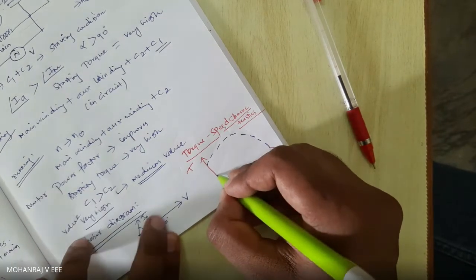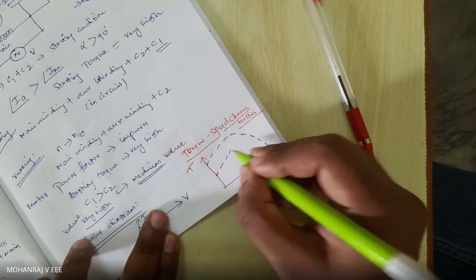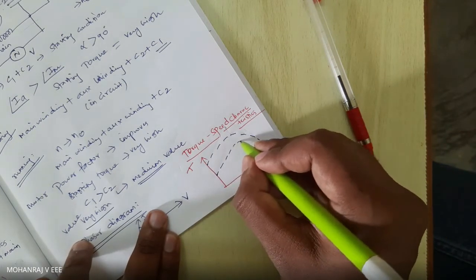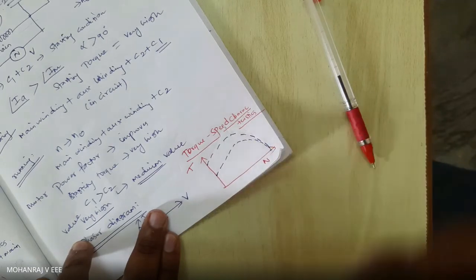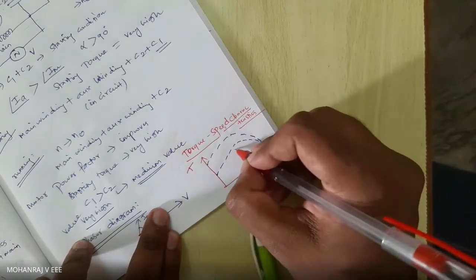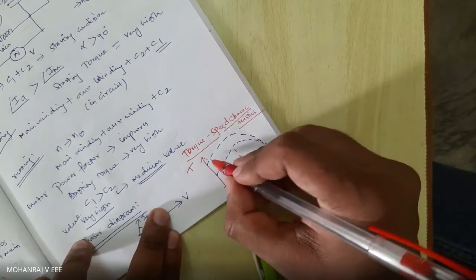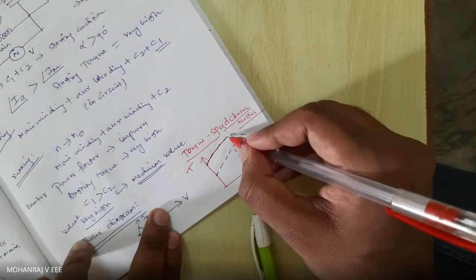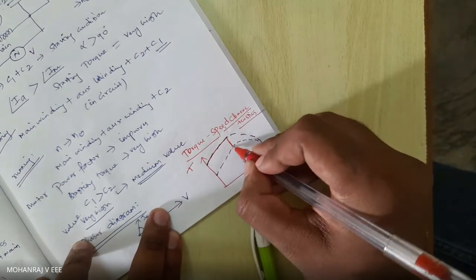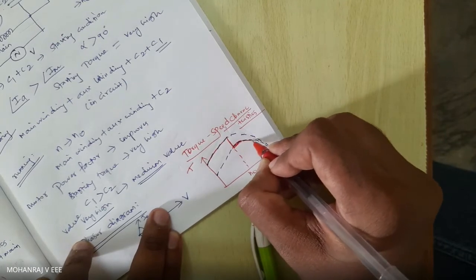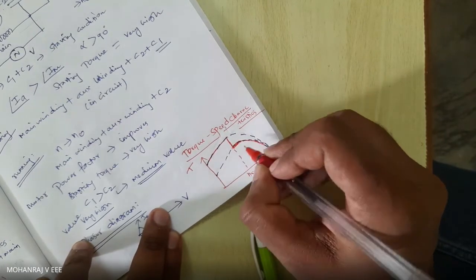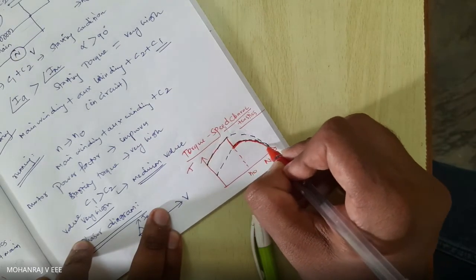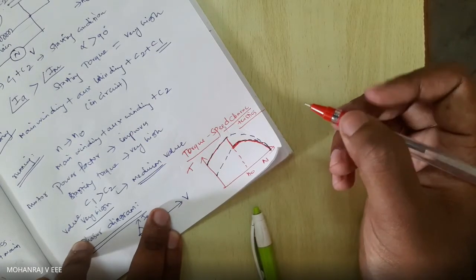And this is with main winding plus auxiliary winding plus C2. You don't have your C1. So this is my N0. At N0, I don't have my C1. So the curve drawn in red shows the torque speed characteristics of two value capacitor split phase motor.